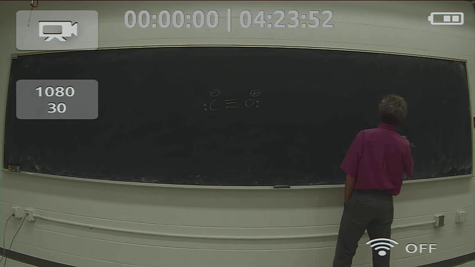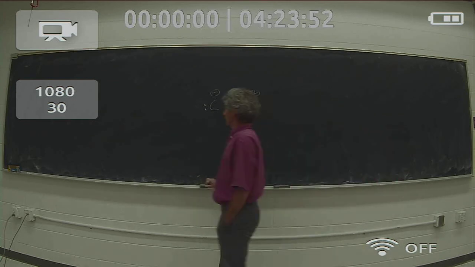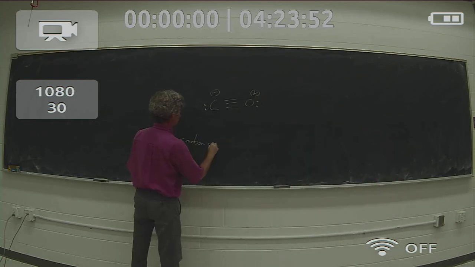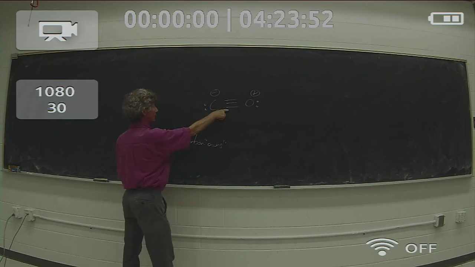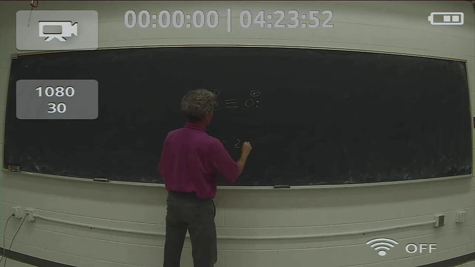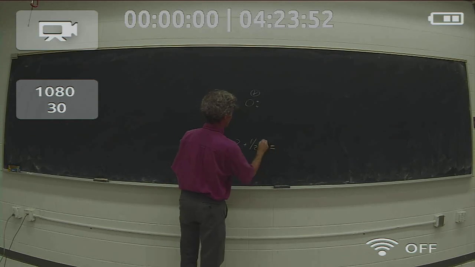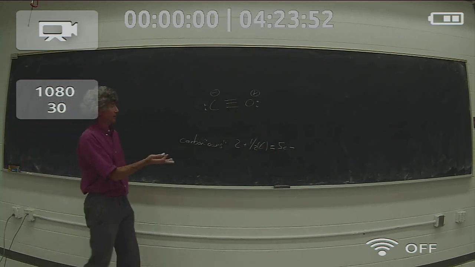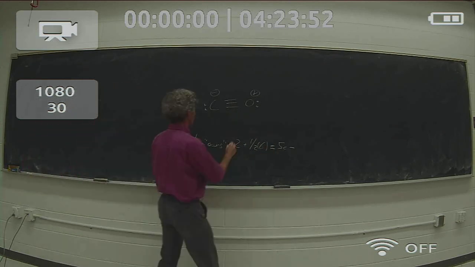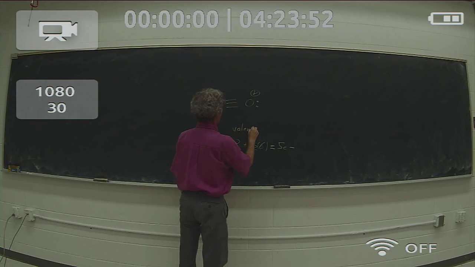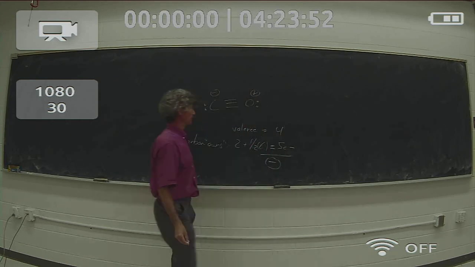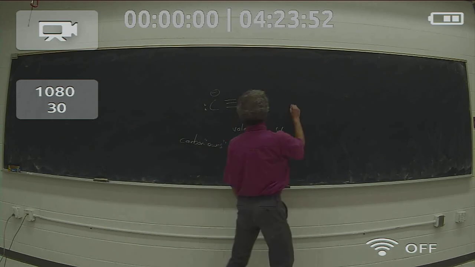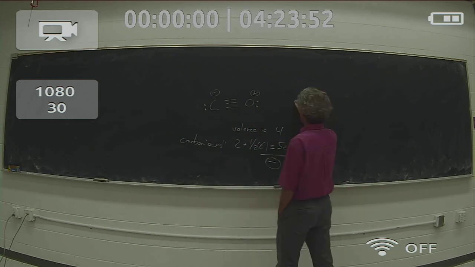How did we get those formal charges? Carbon owns the lone pair and half of those 6 bonding electrons, so it owns 5 electrons, but its valence was only 4. 4 minus 5 is -1. Oxygen owns the same as carbon, right?